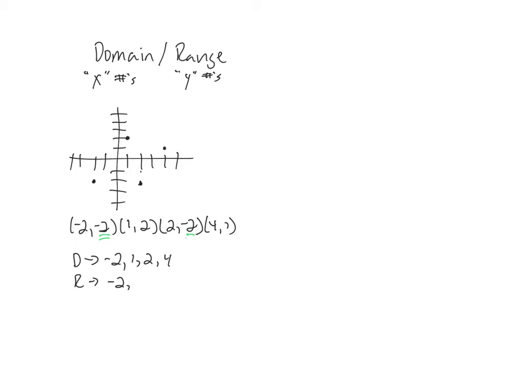I have another -2 right there. I only need to list it once. So then I go to the next biggest, which is a 1. It's kind of sloppy. And then +2. So if it's just points, you're going to list out the domain and range as just numbers like that.